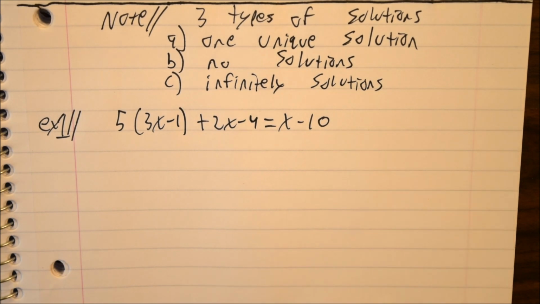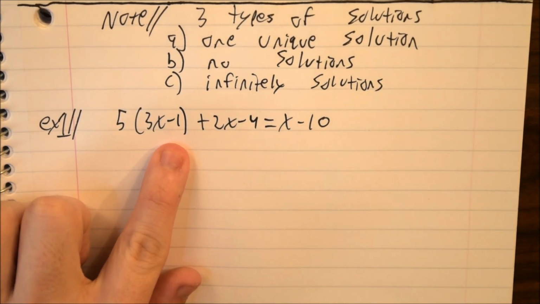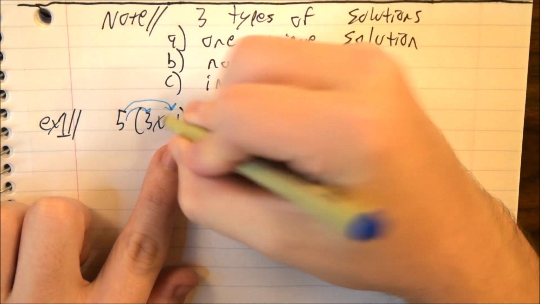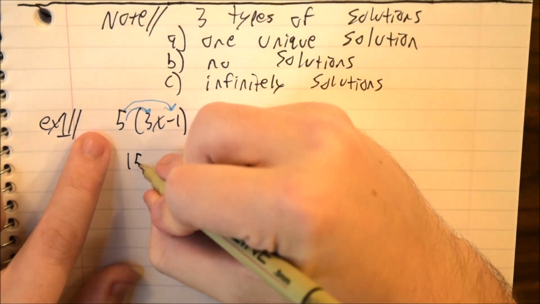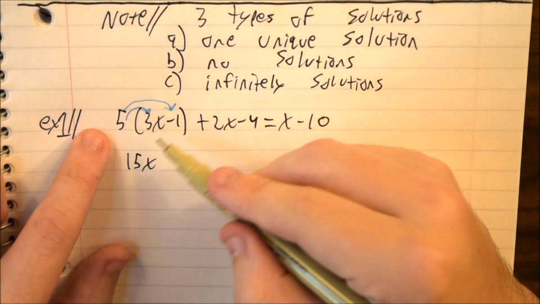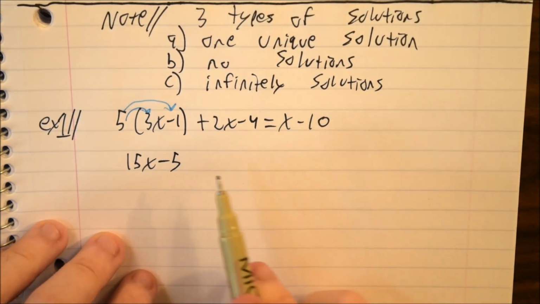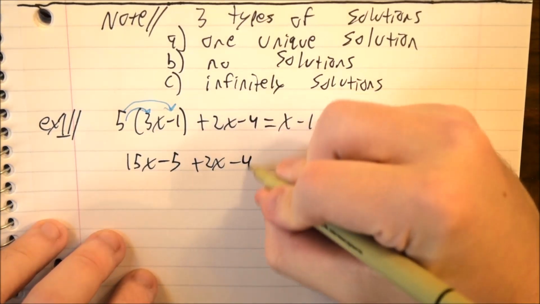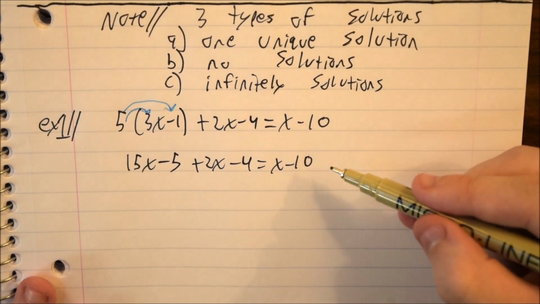We want to multiply or distribute when possible. I have this 5 and then this stuff inside parentheses, so I have to distribute this 5 to both of these terms. When I do that, 5 times 3x gives me 15x. 5 times negative 1 gives me minus 5. And there's no more distribution or multiplying here, so everything just gets copied down to the next line. And I'm left with this equation right here.